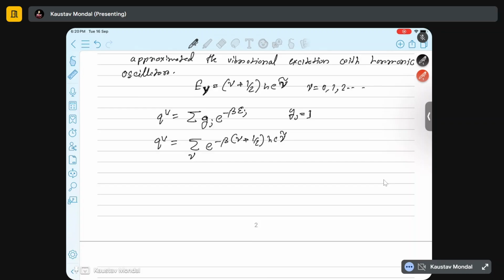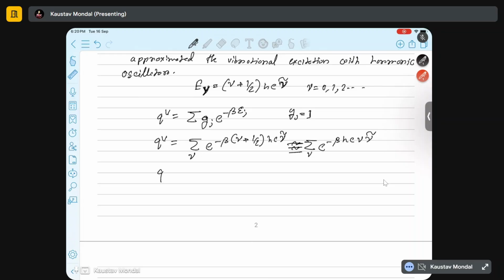Next, we put in the zero-point energy, so the whole expression becomes e to the power minus beta h c nu tilde.